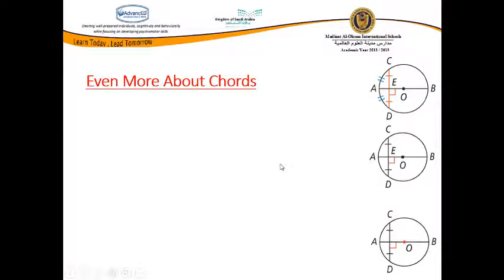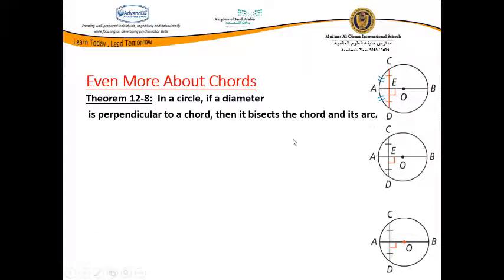Even more about the chords. There are some theorems about the chord and the diameter. If the diameter AB is perpendicular to the chord, then it also bisects that chord. In a circle, if a diameter is perpendicular to chord CD, then it bisects this chord and its arc.